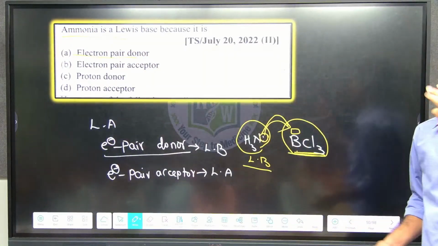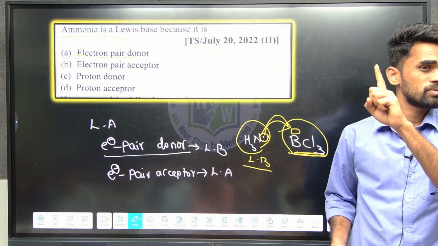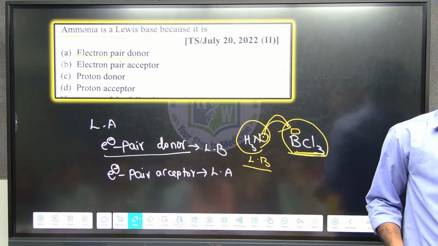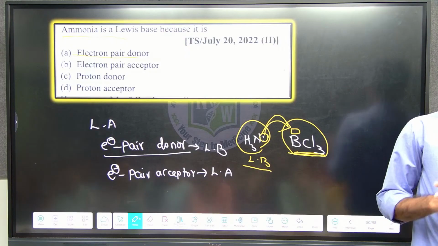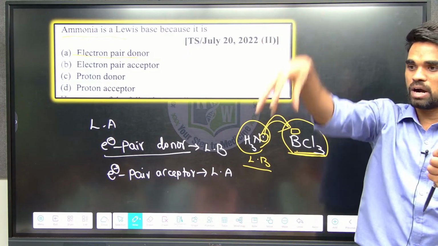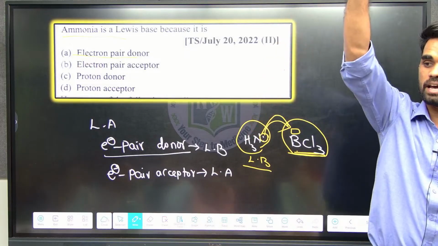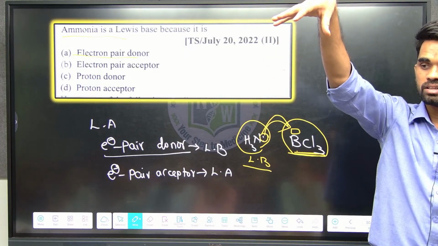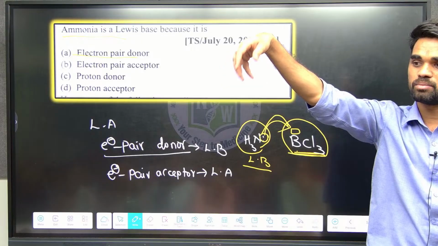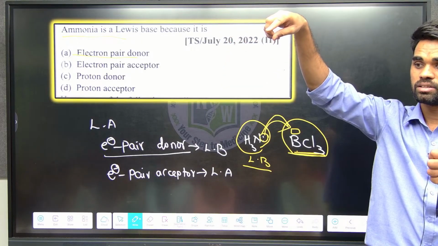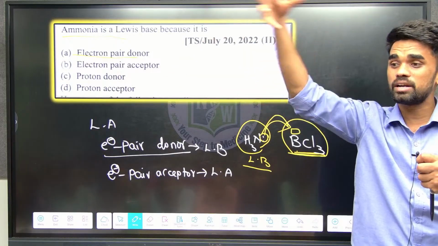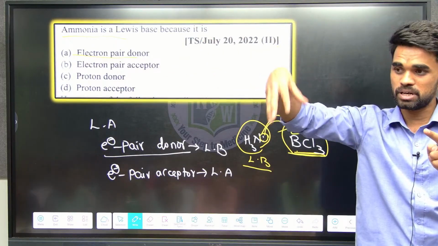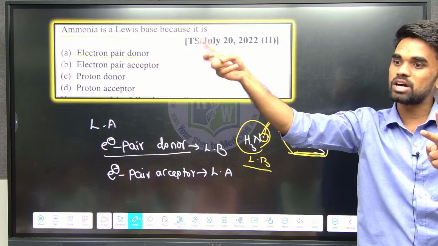So three acid base theories we have studied. First one is Arrhenius. What does he say? If you place a substance in water and it releases H plus ion, then that is an acid. If it releases OH minus in water, it is a base. Next, Bronsted-Lowry: proton donor is acid, proton acceptor is base. There we studied the conjugate acid base theory.